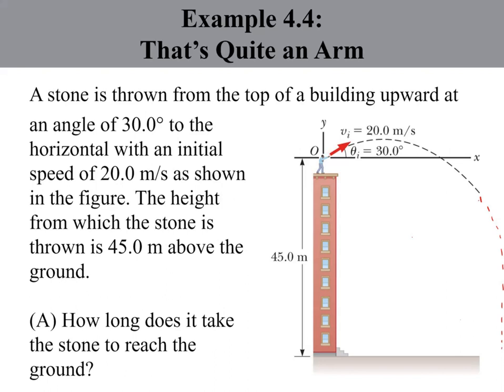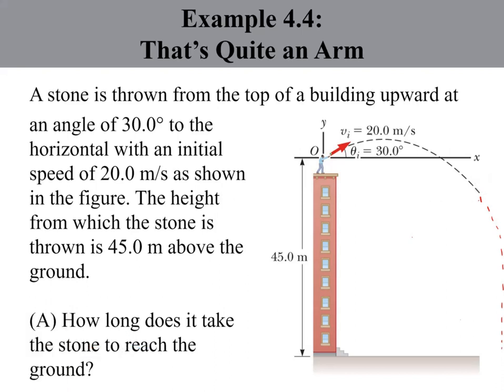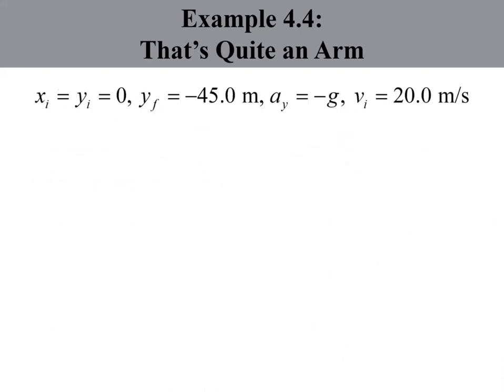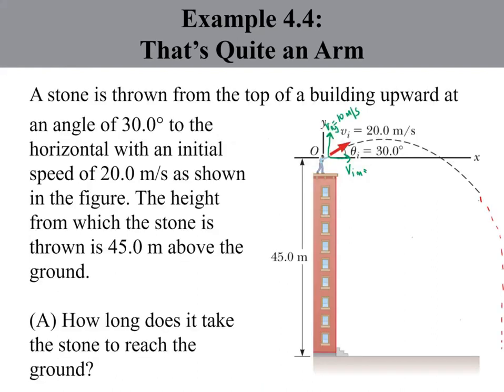It will have a y component, viy equals 10 meters per second, and the x component, vix, equals 17.3 meters per second.